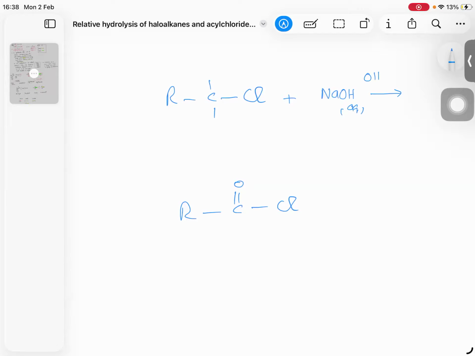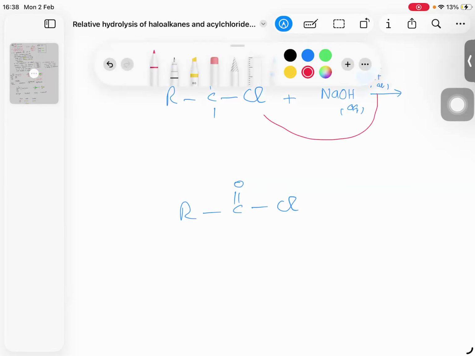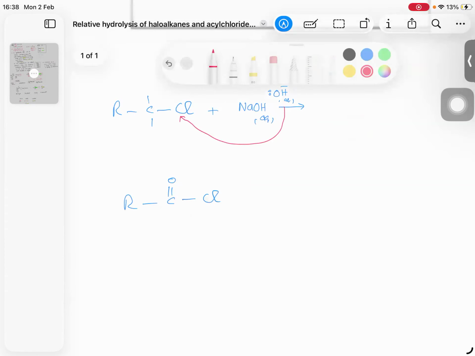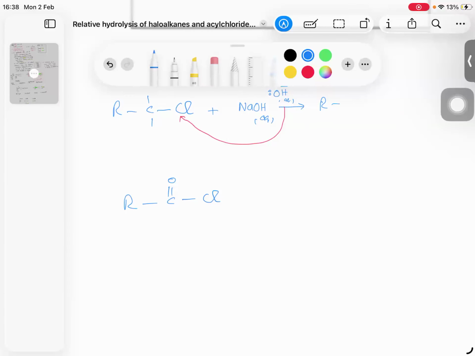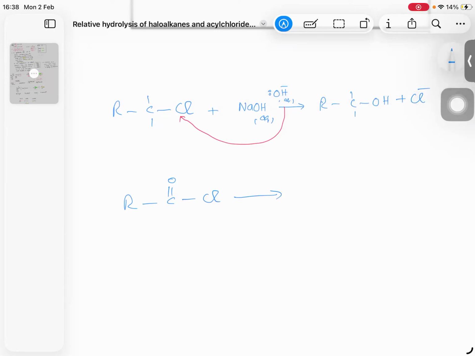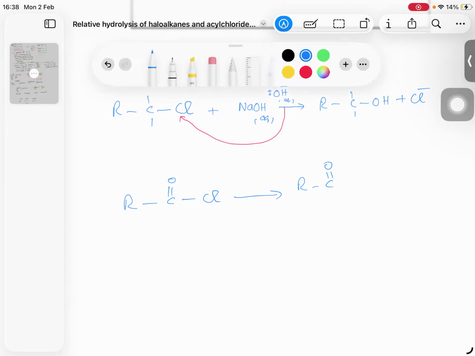It's OH negative that comes in and takes the place of this Cl, replaces this Cl, in other words. What is the product formed? The product is RCOH plus Cl negative in this case. In this case again, RCOOH plus Cl negative.